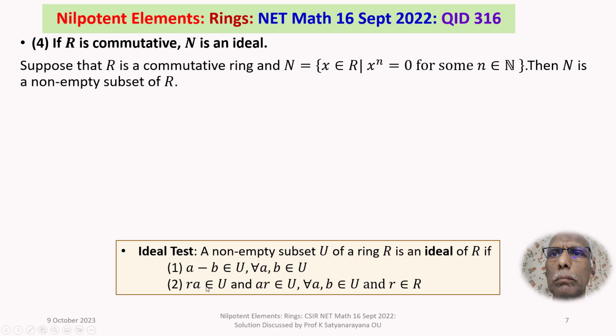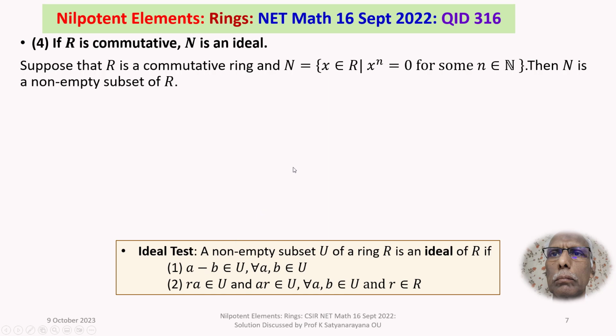From the ideal test, from the second property of the ideal, ra belongs to U for all r belongs to R and a belongs to U.